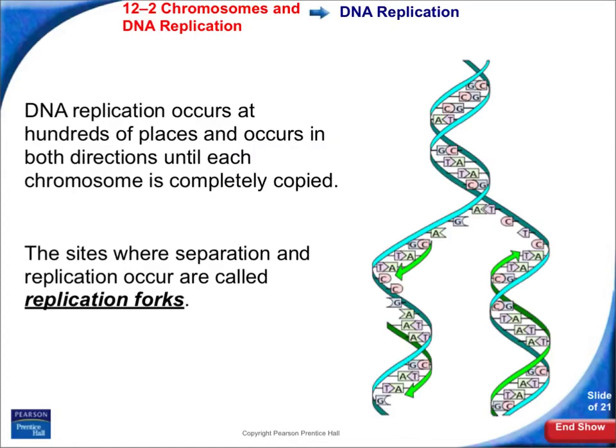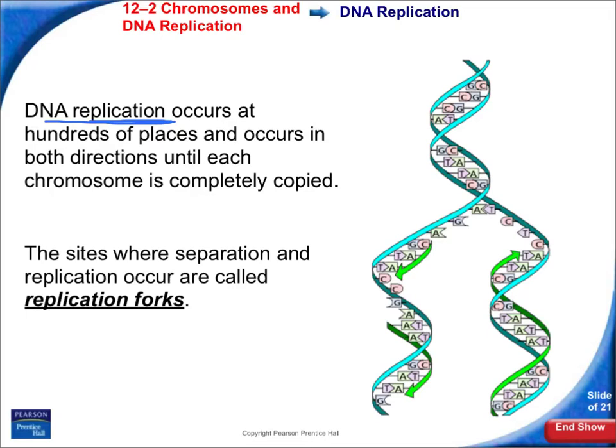Eukaryotic cells have very long strands of DNA, and when they're going to replicate, and replication just means that we're going to make a copy, because the strand is very long, this can happen at several different places along the DNA strand. The first thing that's going to happen in replication is, in order to make a copy, we need to unwind the strand.